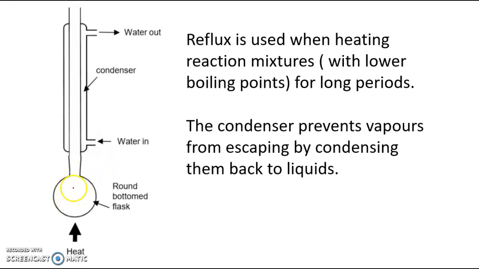apparatus. So what you would do is put your 1 degree alcohol here in the round bottom flask, and you would put your oxidizing mixture, not a lot of it, in this round bottom flask and continuously heat it. Now, organic compounds generally boil off very quickly, they're volatile, so if you are heating organic reaction mixtures for a long period, you want to prevent the organic vapors from evaporating away and escaping into the atmosphere.